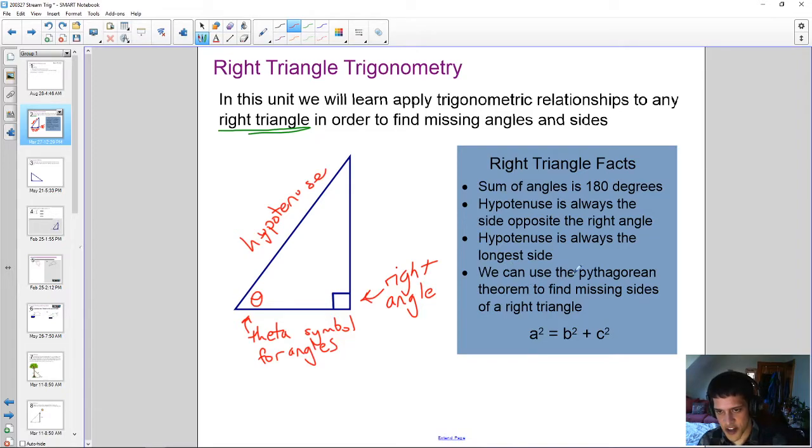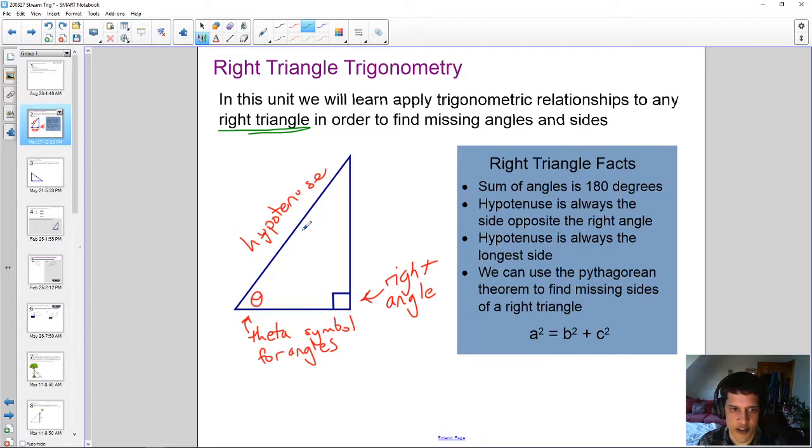And then another thing that we know from geometry, hopefully, is that we can use the Pythagorean theorem to find missing sides of a right triangle. So if you guys don't remember what that is, it says a squared equals b squared plus c squared, a squared being the hypotenuse. Okay, so if we were to label these sides here, I'll label them in green.